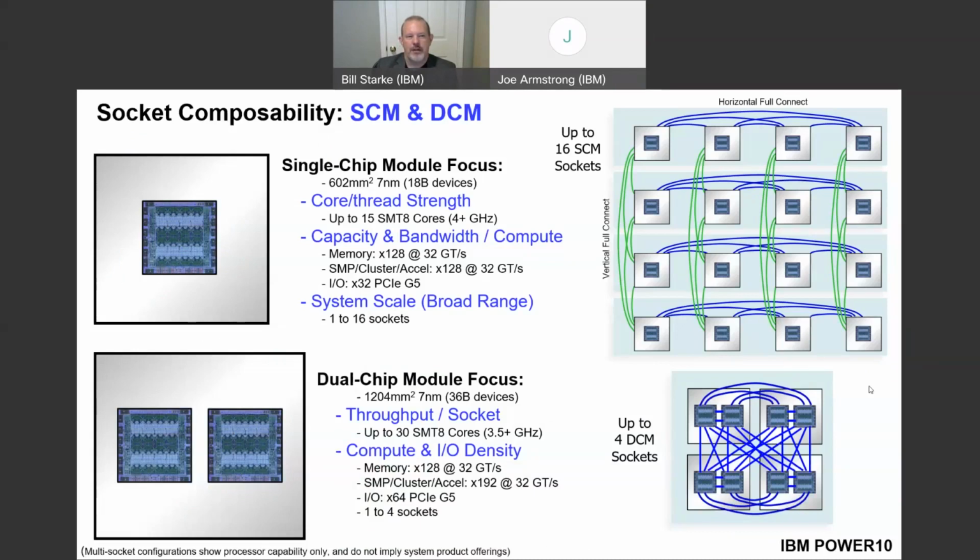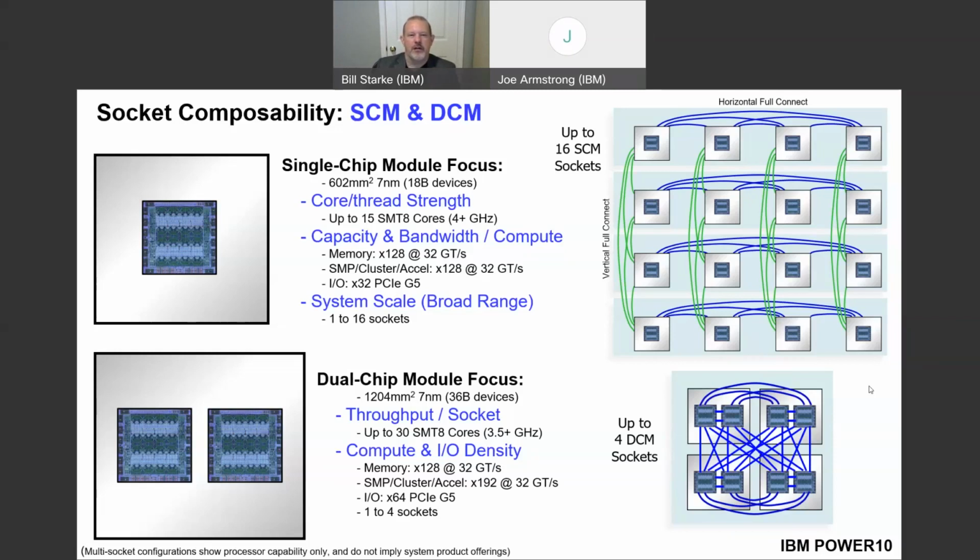That's a single chip module, with those connectors on it, and it's used in our largest E1080 based system. You see a logical diagram of that system built out of those modules, showing the 16 sockets spread across the 4 drawers for a fully configured E1080 system.